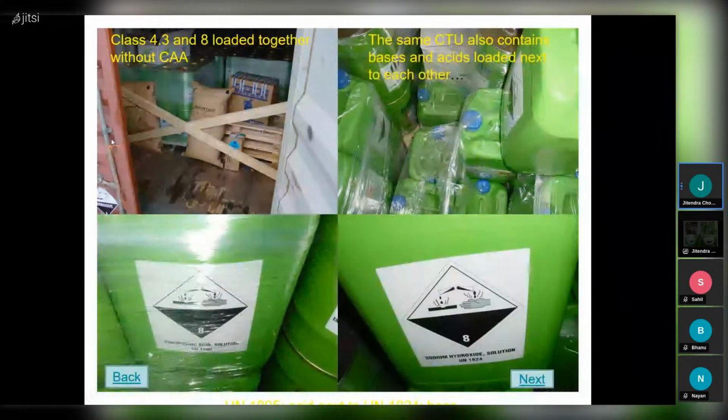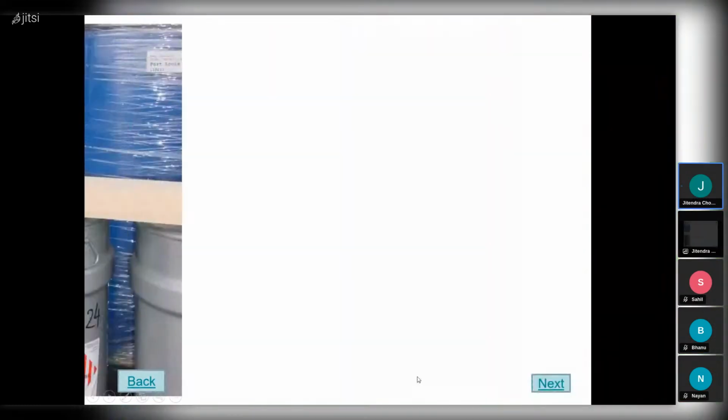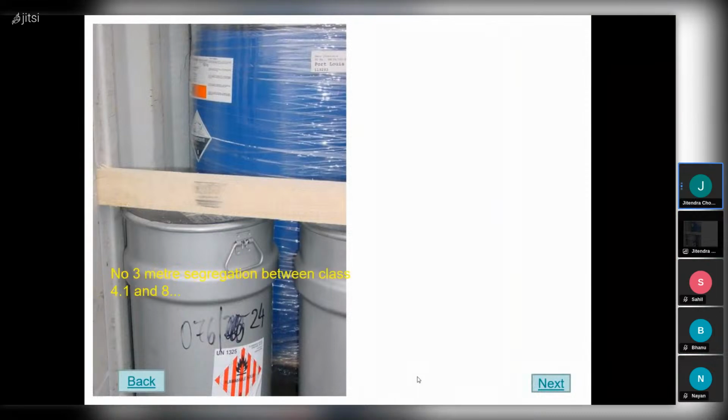Similarly, there are so many packages, acids, bases loaded together. So we should have an idea of what the UN number of the cargo is and whether they are compatible or not. Mostly the containers are checked from the shore, but as per IMDG, we should know what the requirements are.